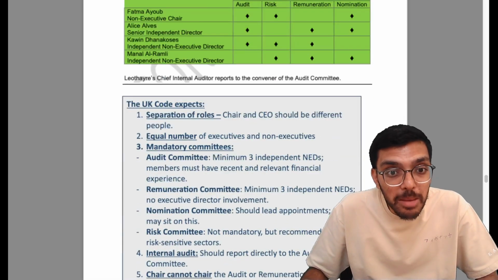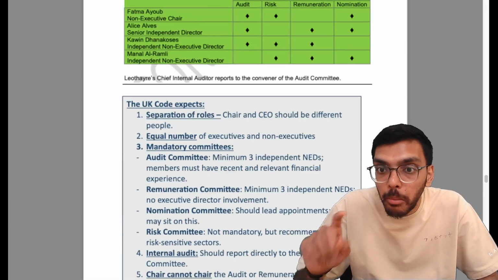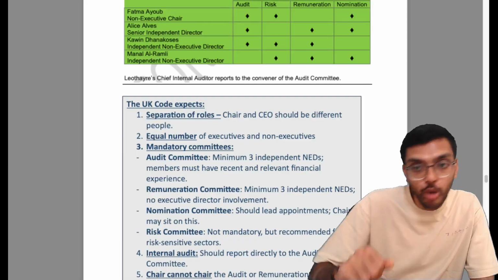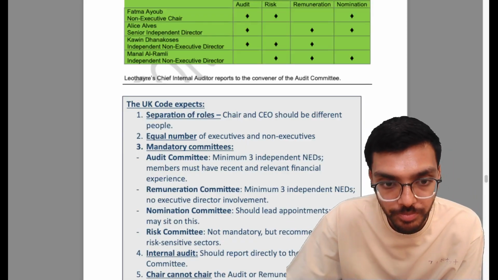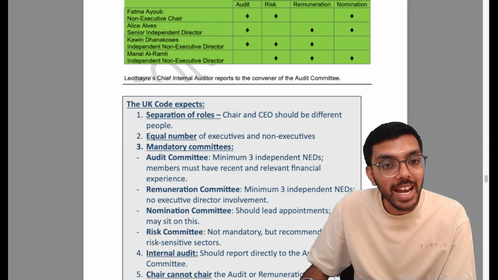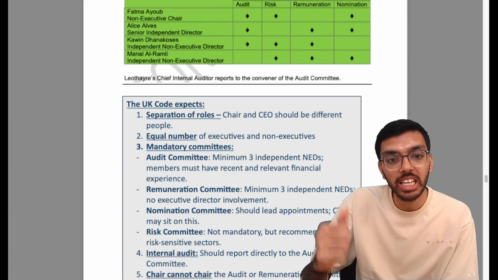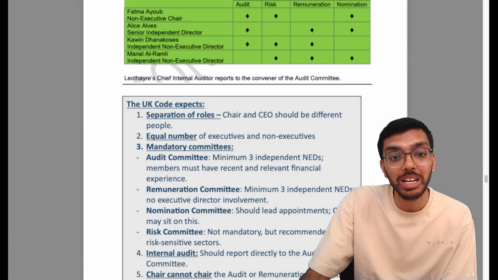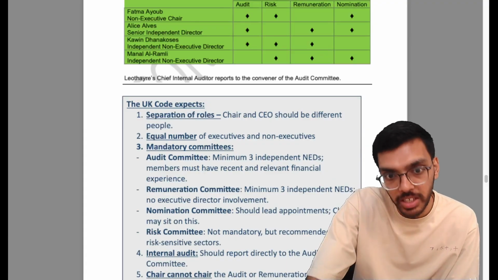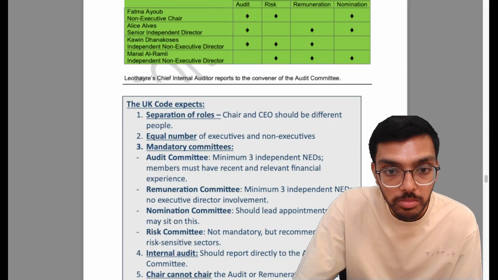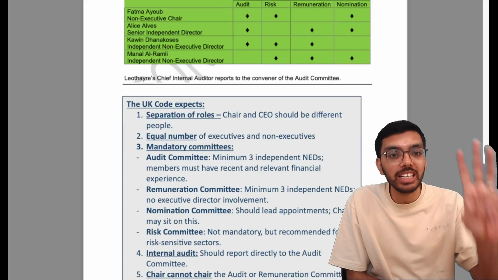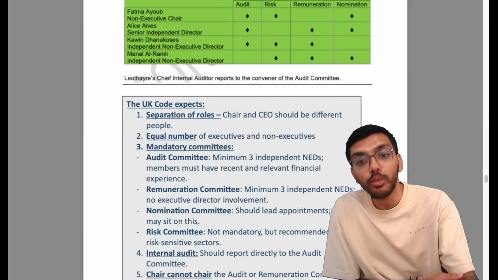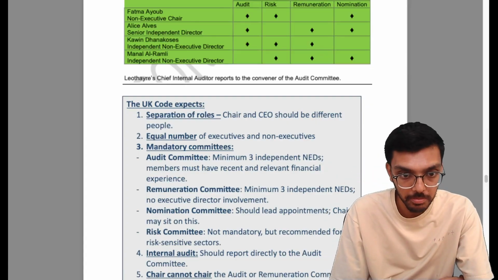So there is an imbalance in the board. So separation of roles, okay. Equal number, imbalance. Third, mandatory committees: audit committee, remuneration committee, nominations committee are mandatory, which are present. Okay, very good. For a big company, there should be 3 independent NEDs, part of each committee.